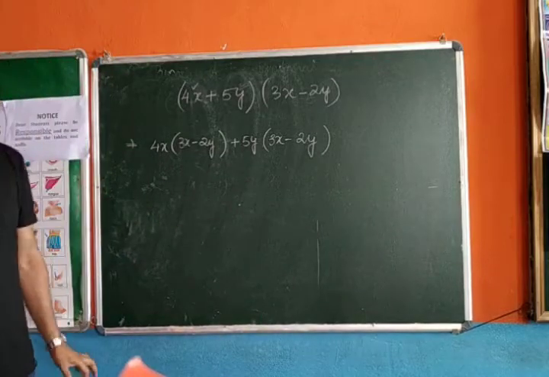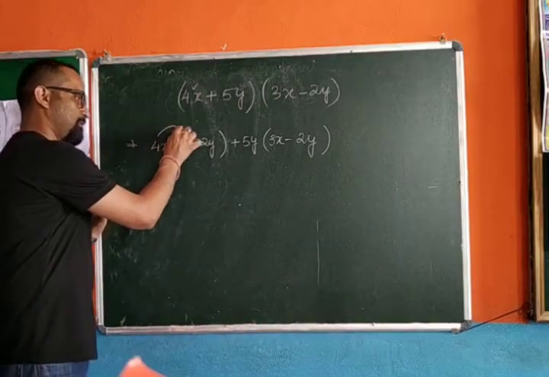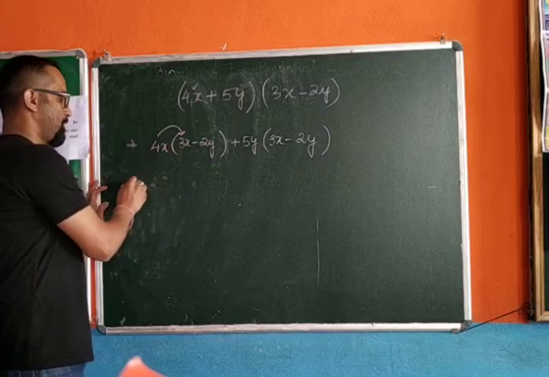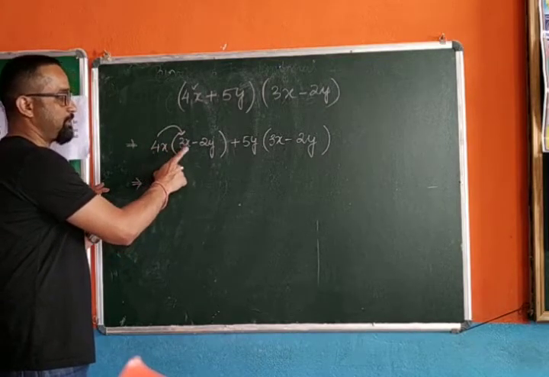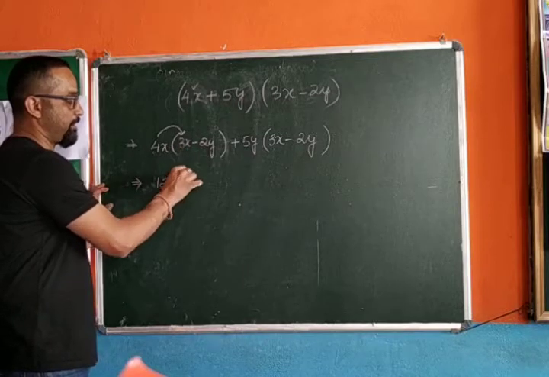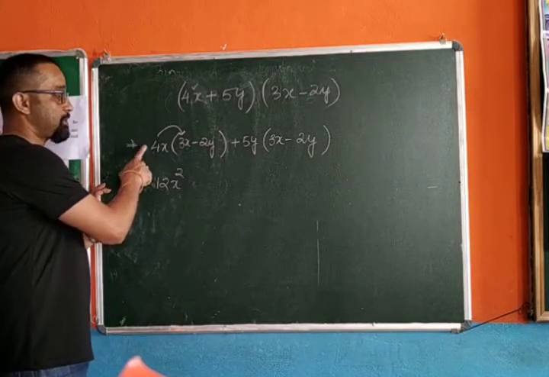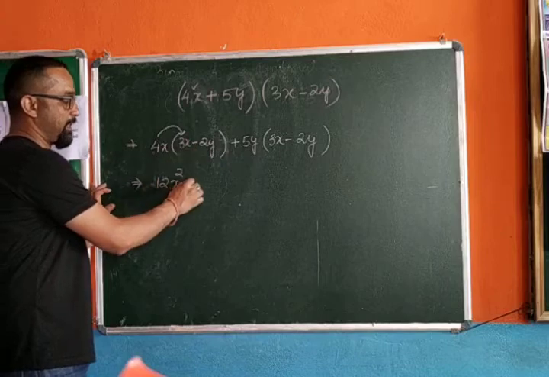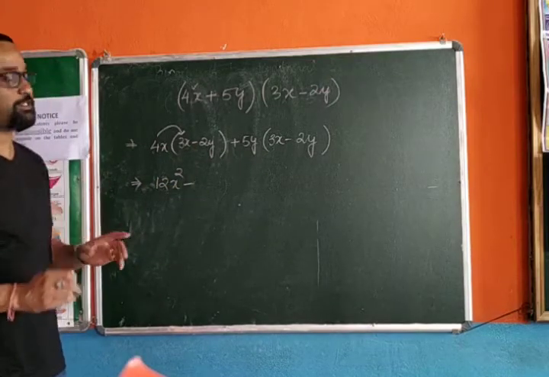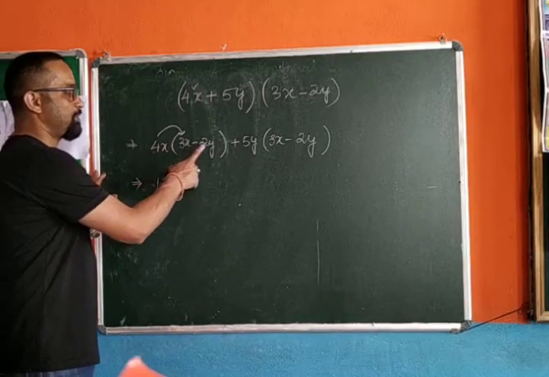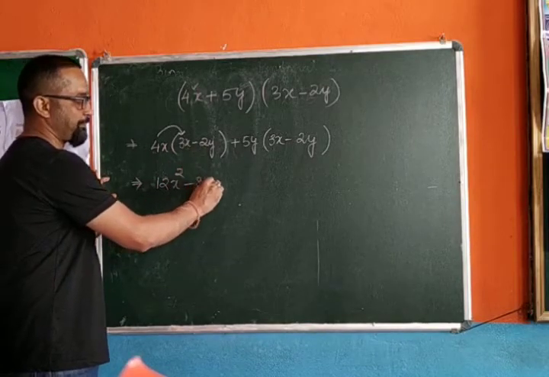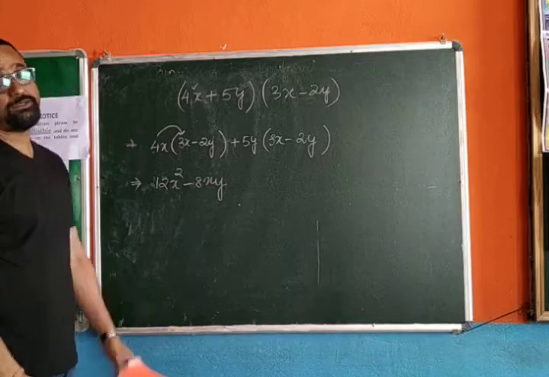Now you have to multiply it. First term, numerals 4 into 3 is 12. X multiplies x is x squared. Plus multiplies minus is minus. You have to be careful with the sign. Plus, minus is minus. 4 multiplies 2 is 8 xy.